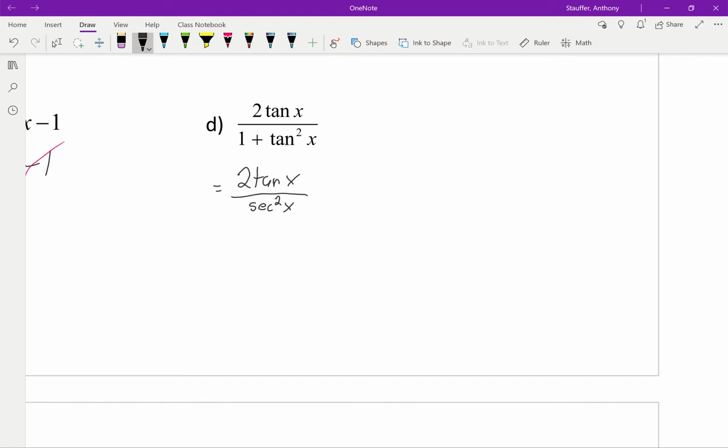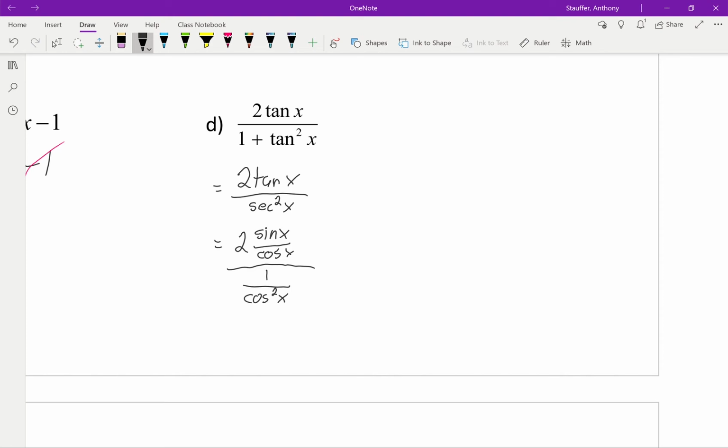Now from here, what we're going to do is reduce this a little bit further, and we're going to get 2 sine x all over cos x all over 1 all over cos squared x.